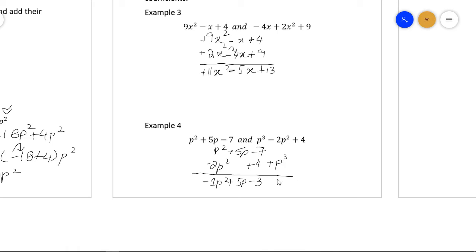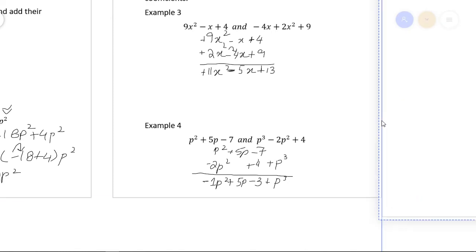P cube, now as there is no term to add in p cube, so we will write p cube as it is, and the sign will be positive because there is only one term and it has positive sign. Hope you will understand.